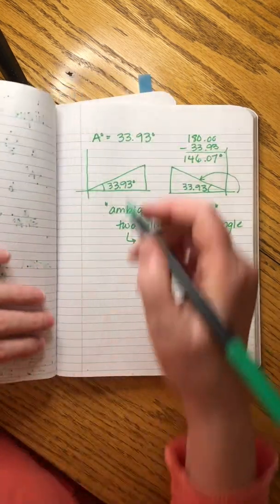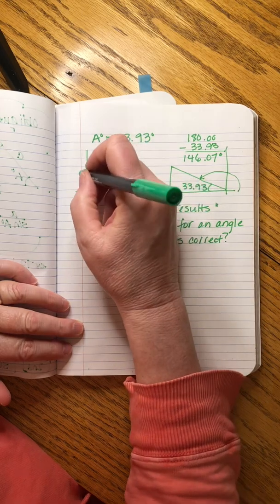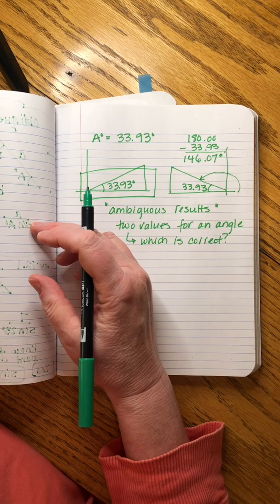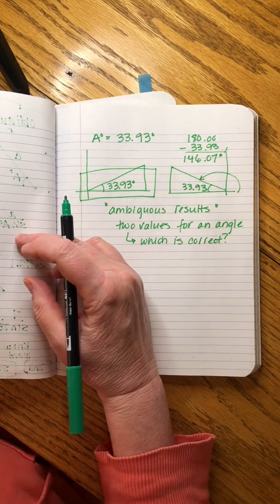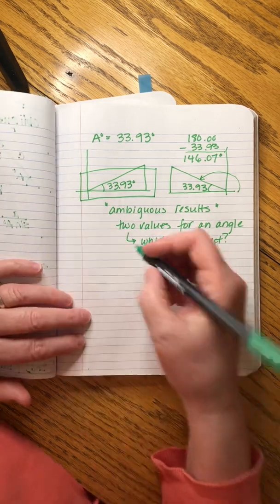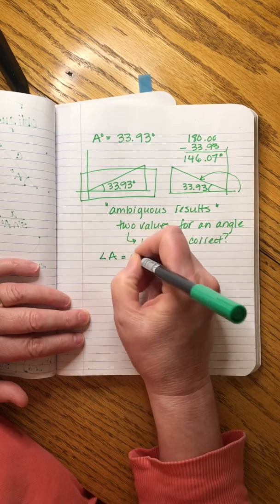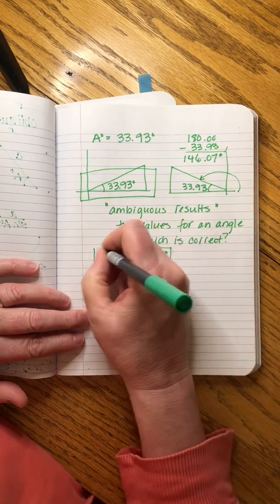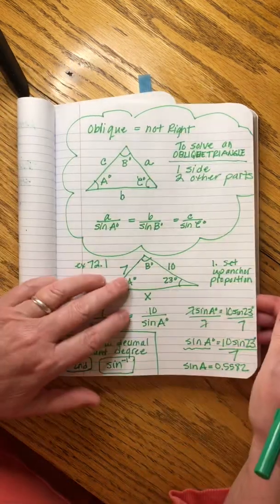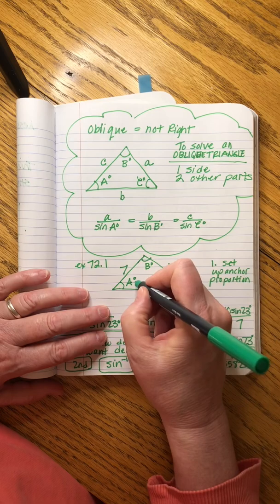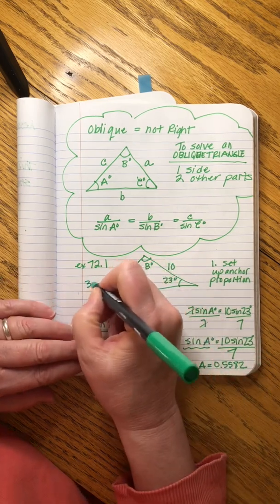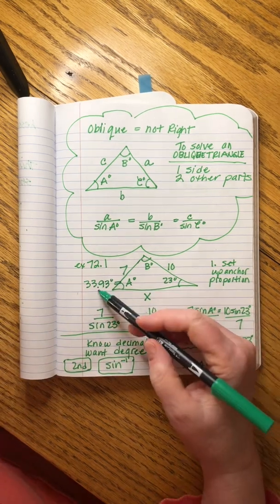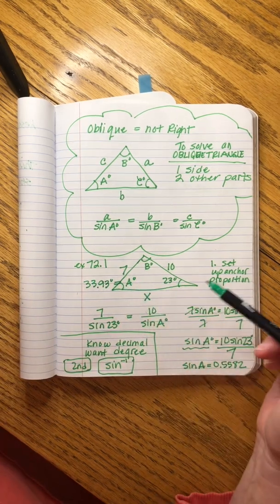So we choose this as our correct answer, and we say that angle A equals 33.93 degrees, which is the way I would normally do that. Now we can go back here and say that A equals 33.93 degrees. So we use the law of sines to solve for this missing angle.